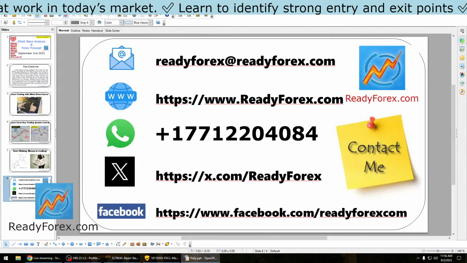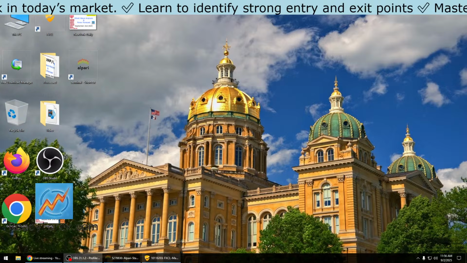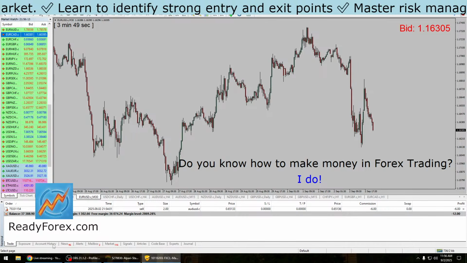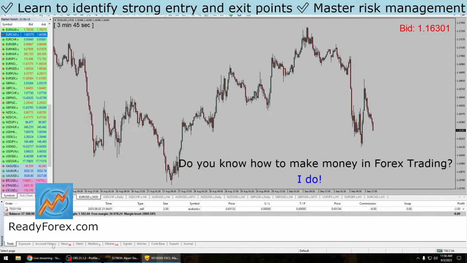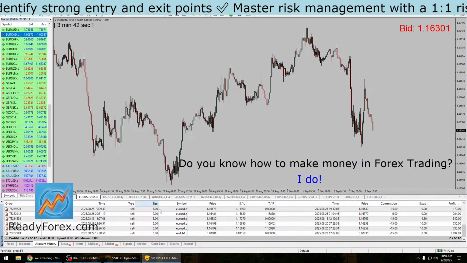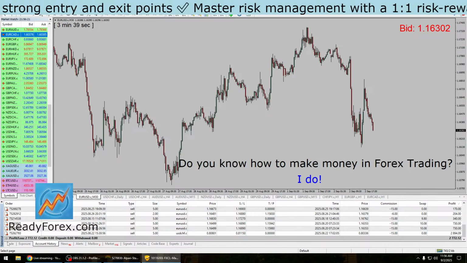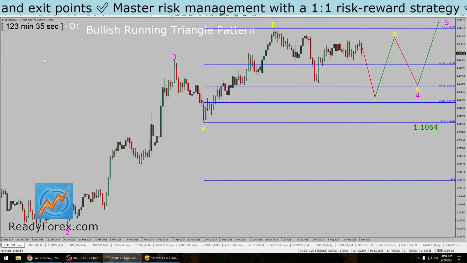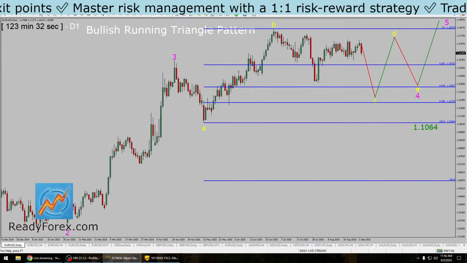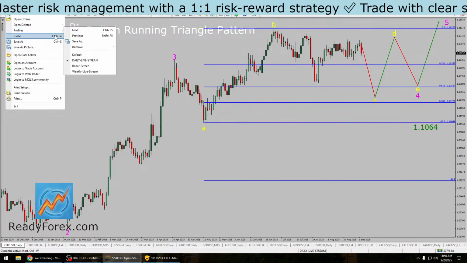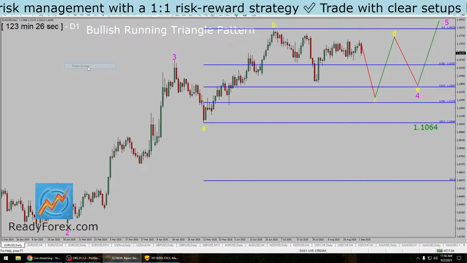Okay, let's get started. First things first, let us take a look at the price chart. Let's go over to the EURUSD, trying to drop over here. Let me first take a look at the radar screen and see what's going on.